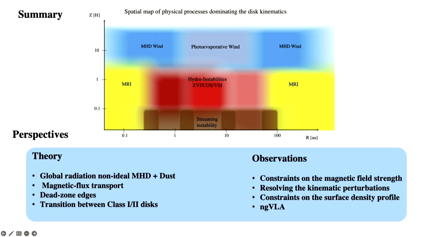What I haven't mentioned is that the hydro instabilities are not really efficient in producing heat. But here it's the regime where you have most of the optical depth, where you would actually produce this heating. At the beginning we thought the MRI can do the job, but here you don't have dust grains. What we think is that there is a small overlap.